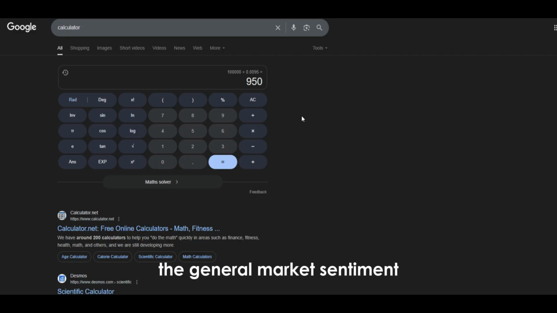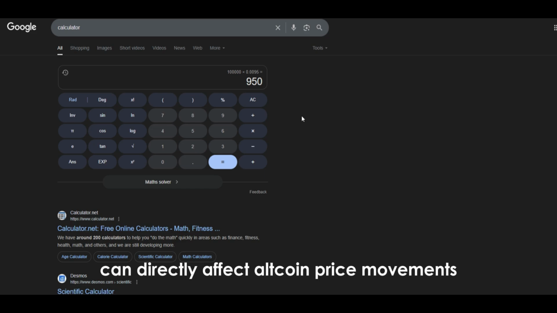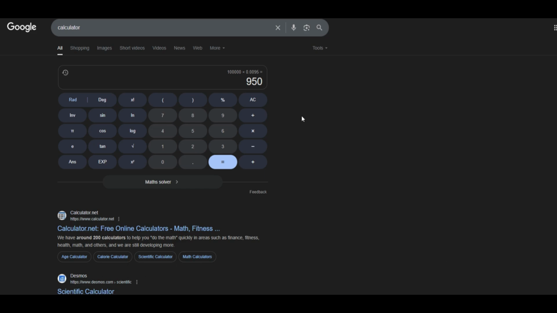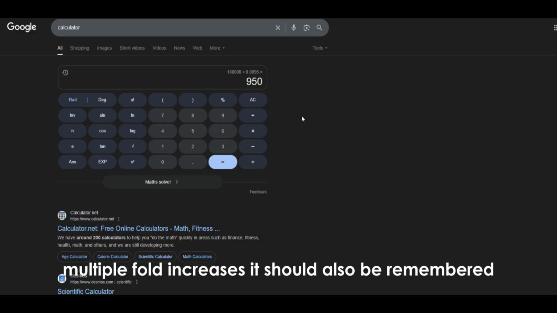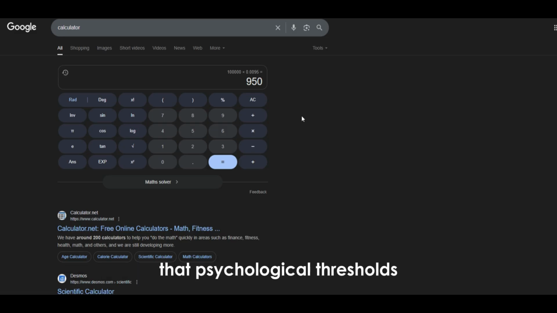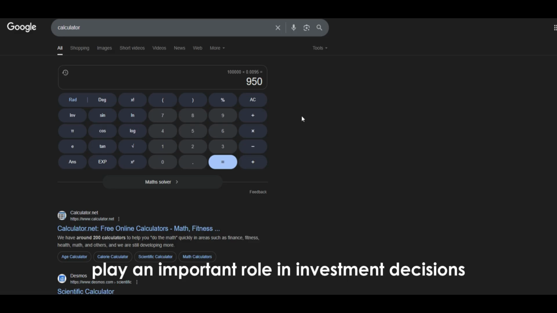Also, the general market sentiment, whether it is a bull or bear market, can directly affect altcoin price movements. In a bull market, coins like Zbcn with potential and low market cap are much more likely to experience multiple-fold increases. It should also be remembered that psychological thresholds play an important role in investment decisions.